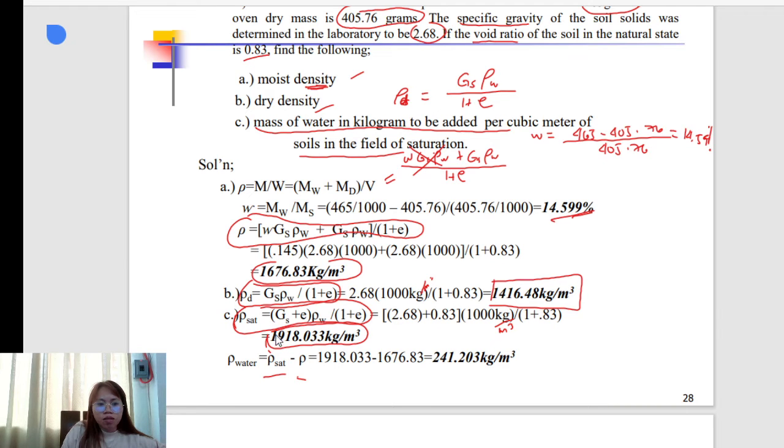If you did not notice, it is much bigger. So the additional water that must be added in the field for saturation is the saturated density minus the moist density, or 1918.033 minus the moist density, which is 1676.83. So this is the answer.